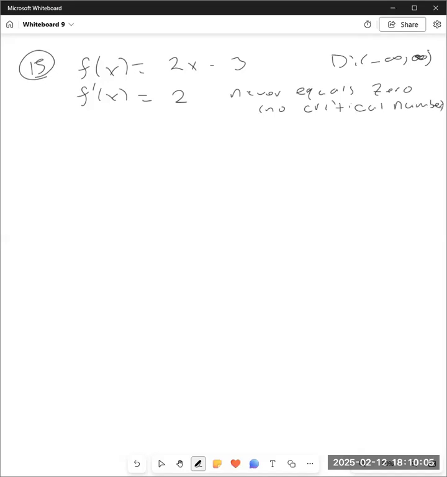If I look at the slope on the number line here, f prime of x from negative infinity to infinity is always positive. So it's going to be increasing. When the slope is positive, the function is increasing. It's increasing from negative infinity to infinity.